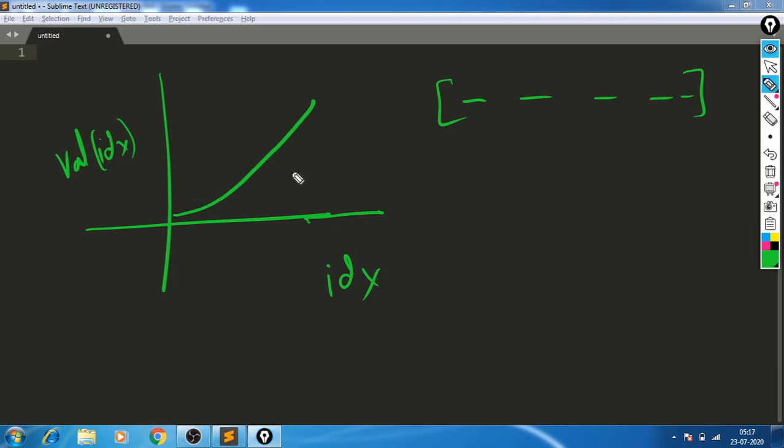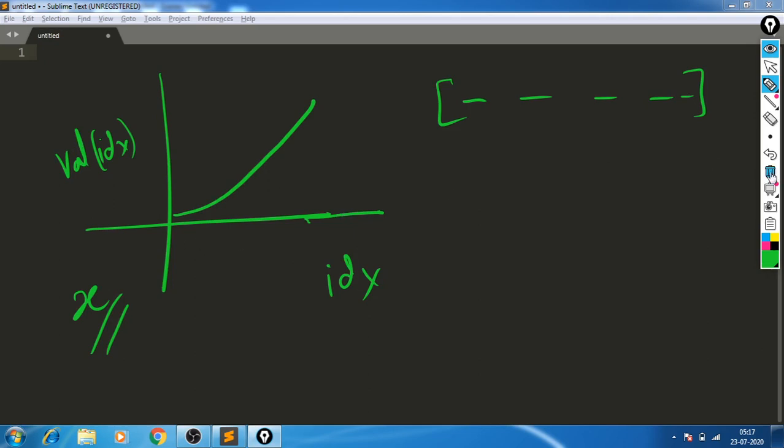If it is sorted in increasing order, then it will be an increasing graph. And I could apply binary search on the index to find at what index I have the value, maybe x, right? So instead of doing a big O of n time linear search, I could go for a big O of log n time binary search. So that's cool. This we all knew.